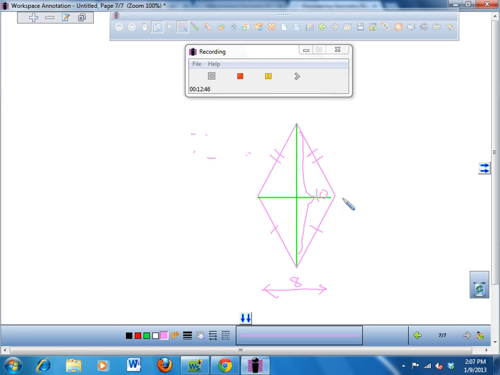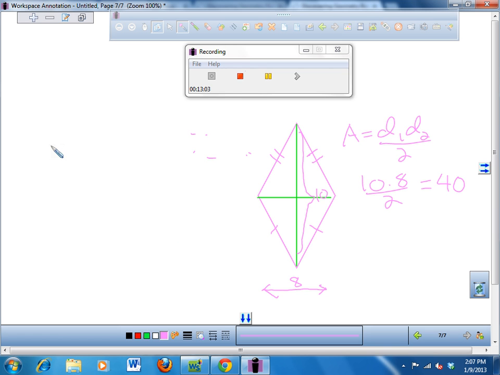So the area of this kite is just diagonal 1 times diagonal 2, for any kite, divided by 2, which is 10 times 8 divided by 2, which is 40, whatever the units happen to be. And that's how you find the area of a kite. I don't think I have any more examples based on that.